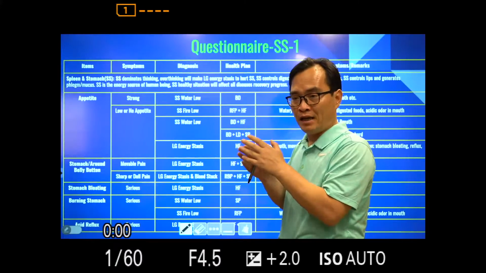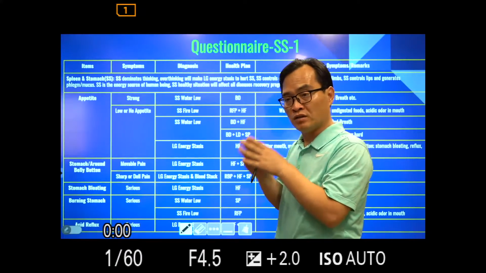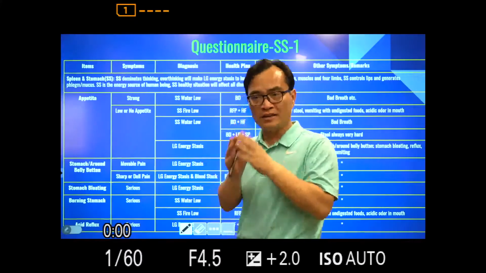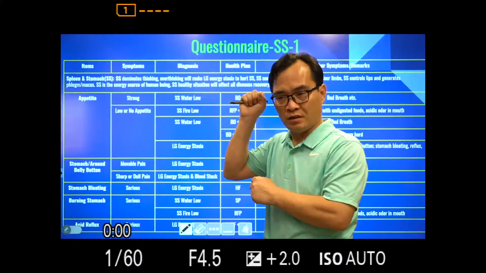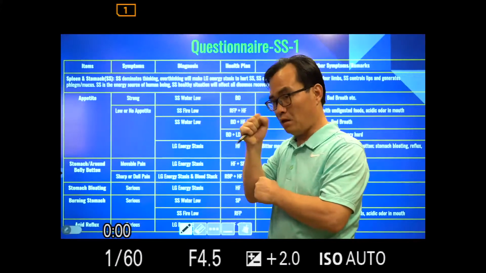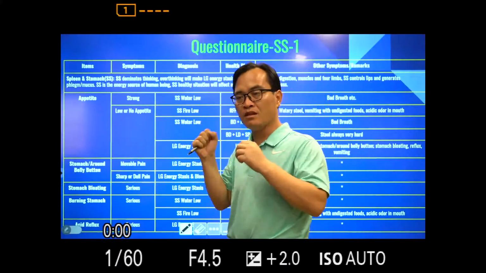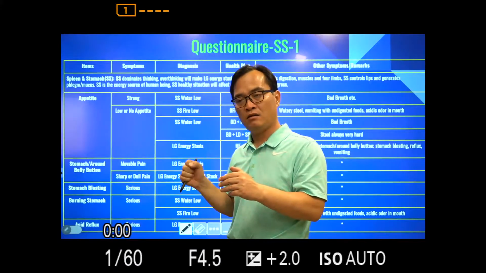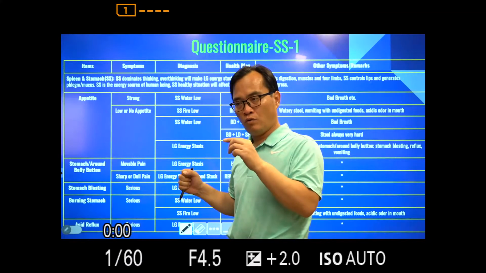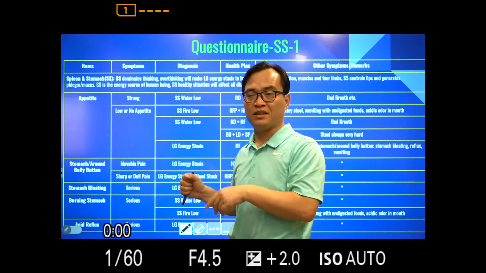But if the person's stomach function is very weak and the immunity of the SS system is very low, and you keep using cold, strong formulas, this will reduce the person's immunity quickly, and that is also dangerous.